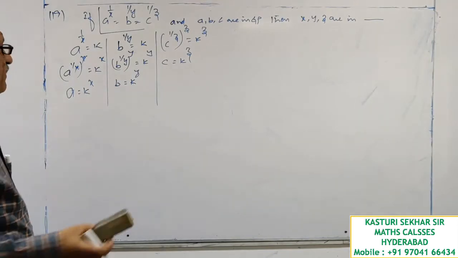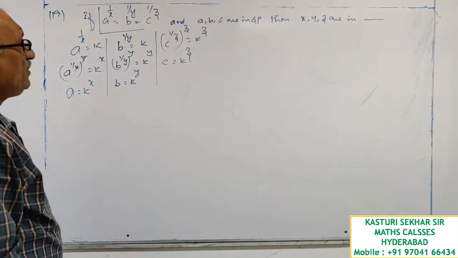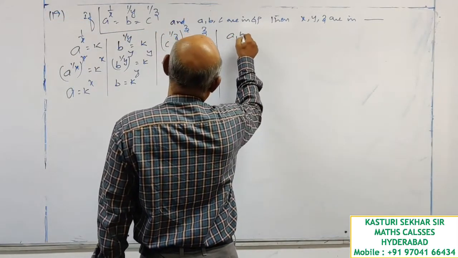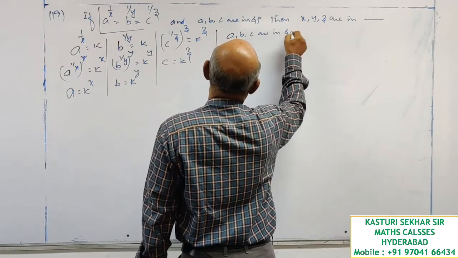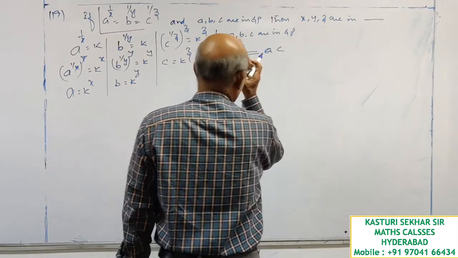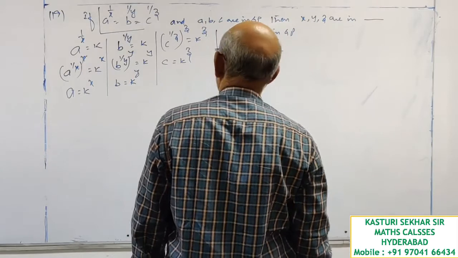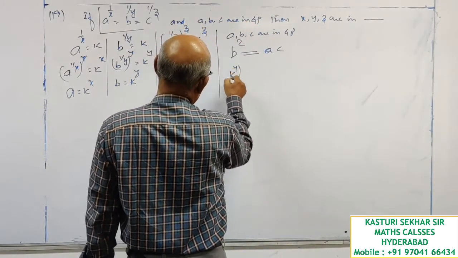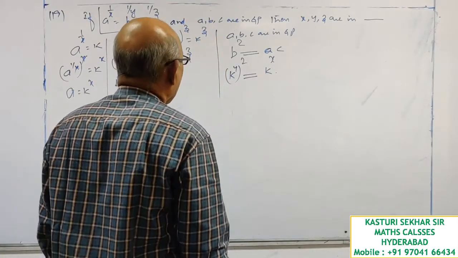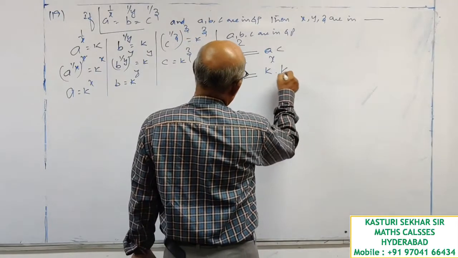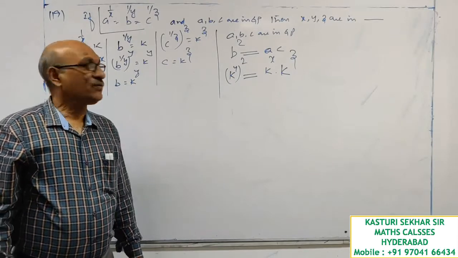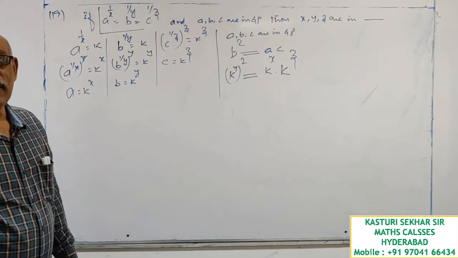Now a, b, c are free from powers. a, b, c are in geometric progression, so b square is equal to ac. b can be replaced with k power y, whole square, is equal to a replaced with k power x times c replaced with k power z.